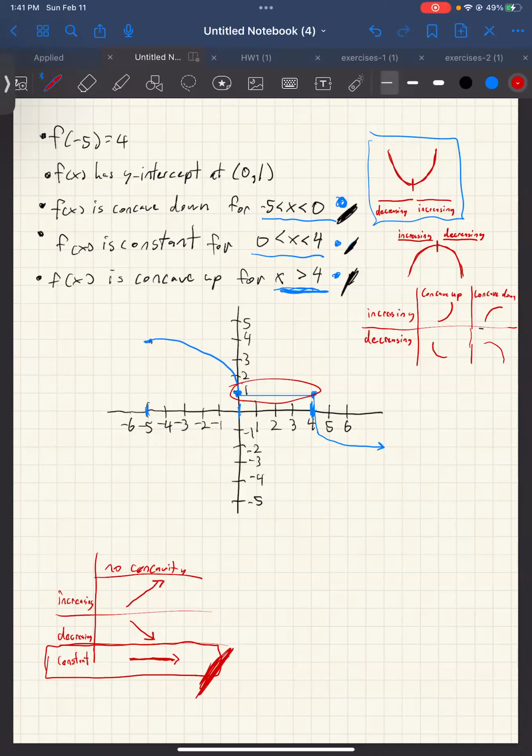There's no real creativity with constant beyond just what value you place it at. Sure, I could be constant up here, constant down here, but I just chose to be constant right here, just to make it a continuous graph, which it doesn't need to be. Does not need to be.